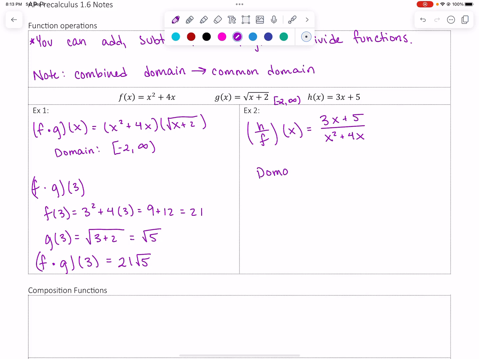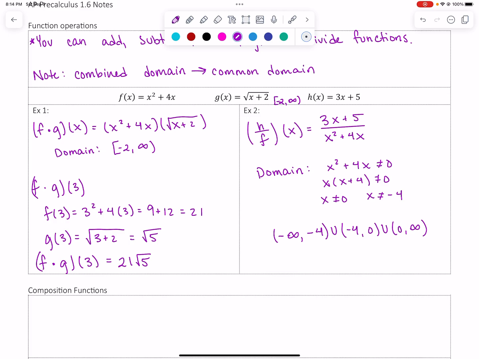So we're going to solve for what x cannot be, which would be x squared plus 4x cannot be 0. I'm going to solve that by factoring, meaning x cannot be 0 and x cannot be -4. And writing that in our lovely interval notation, we're going from -infinity to -4, union -4 to 0, union 0 to infinity.